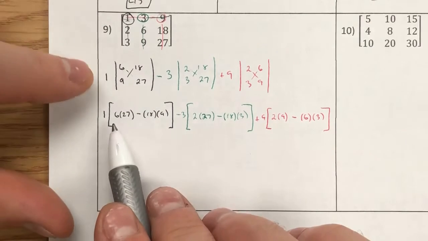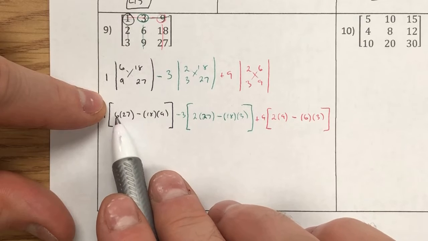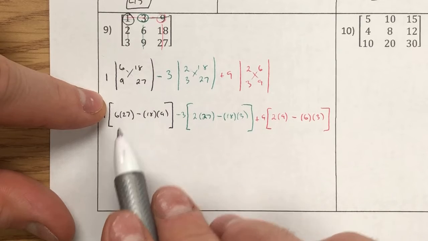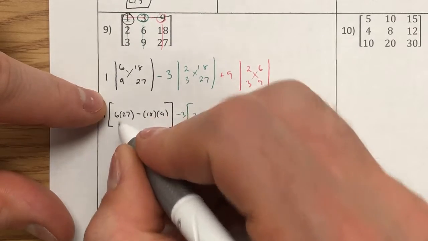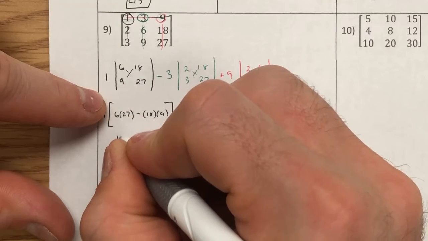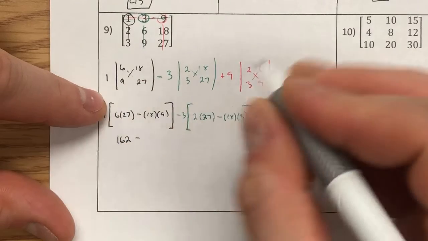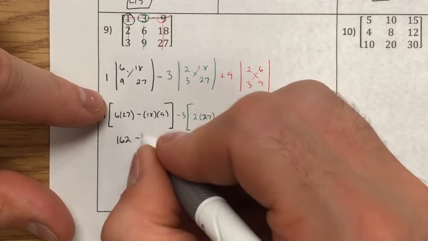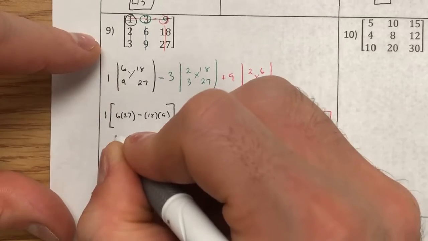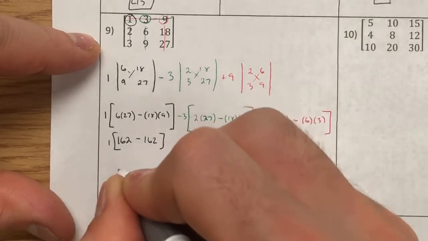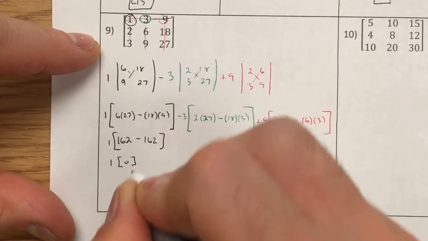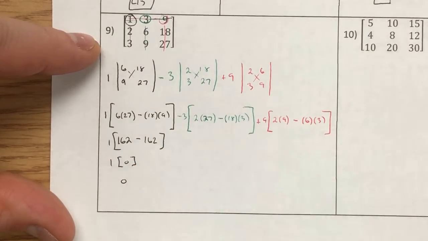And so with this one right here, let's see, 6 times 27, that's going to be 162. 9 times 18, that's 162. So 1 times 0 is going to be 0.